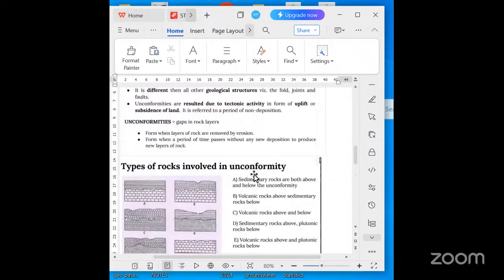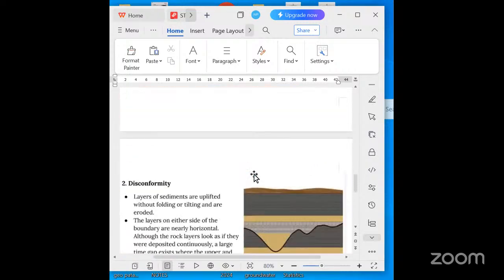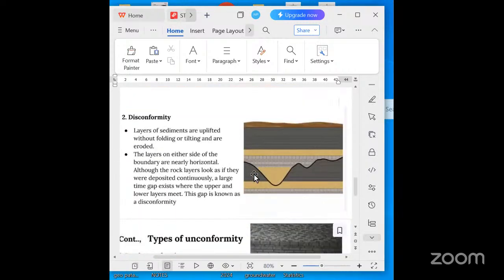A disconformity can be recognized by a sharp contrast in color between the rocks above and below the contact, the wavy nature of the contact, and a thin conglomerate present above the contact.